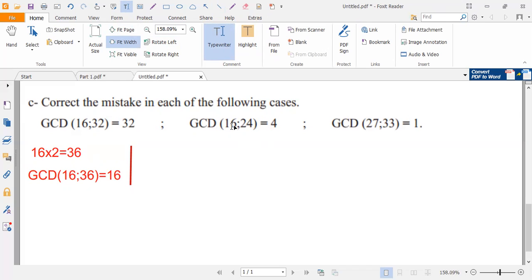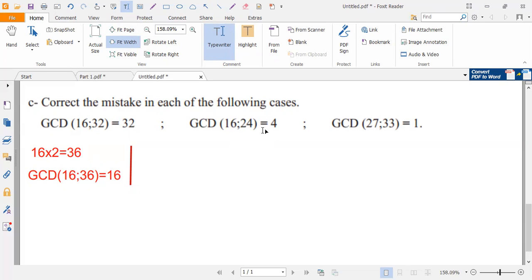No, they have a divisor bigger than 4. So here, what is the divisor that is bigger than 4? We have here 8 as a divisor and 8 as a divisor. So the GCD is not 4. They have a divisor bigger than 4.